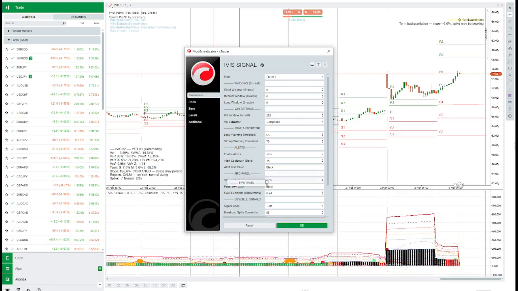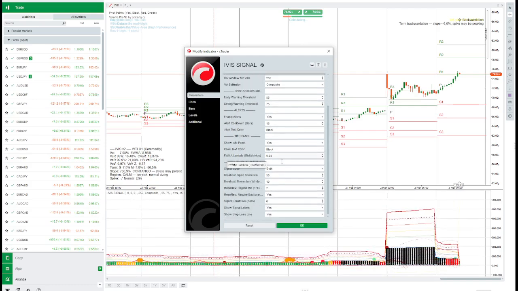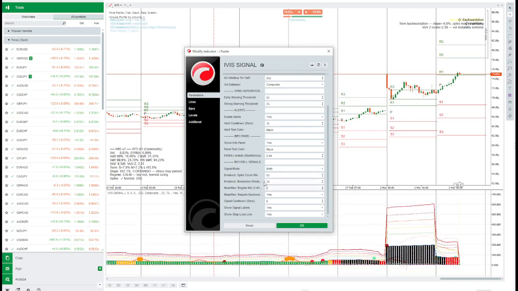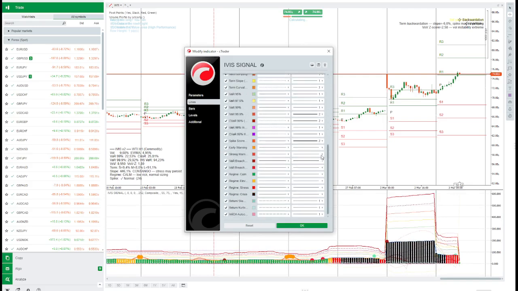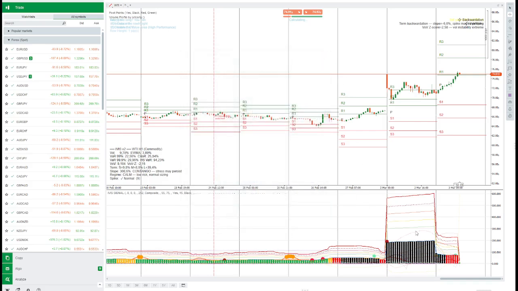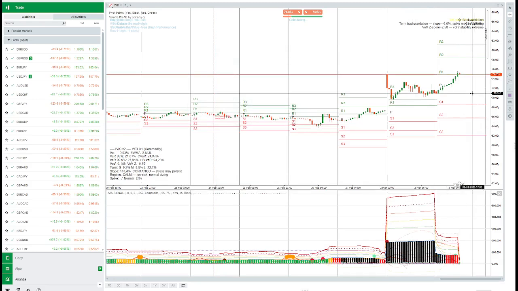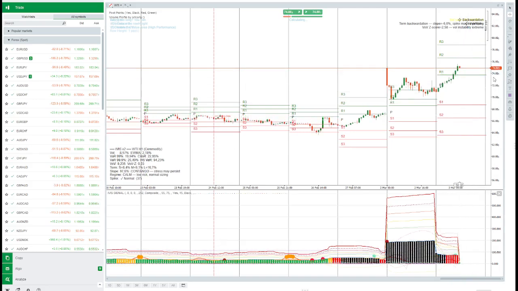You can decide if to have or not the info panel on the bottom left. You can decide if you want to have only the breakout signal or the mean reversion or both signals. And again, all these lines are all signals in one indicator. It's kind of amazing what this can do. And you can see now how the mean reversion signal has turned out in a red candle.